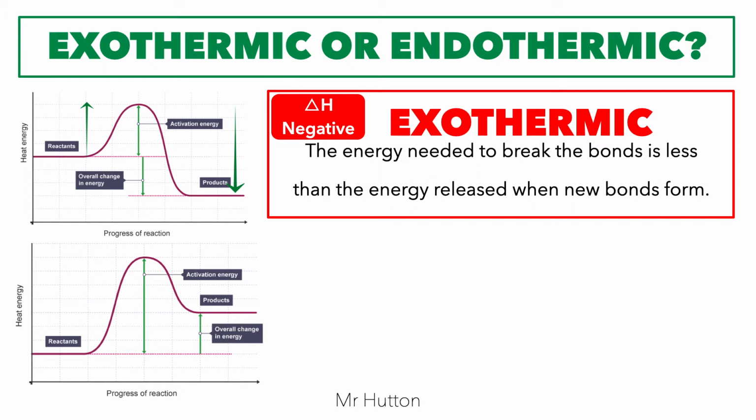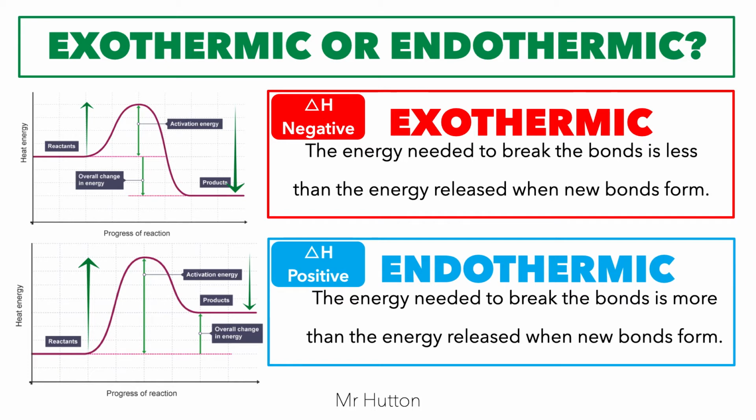So we can say here that the energy needed to break the bonds is less than the energy released when the new bonds form. And that's why we end up with a negative energy change, a negative delta H. If you imagine that up arrow was 100 and the down arrow was 200, 100 minus 200 would give you minus 100 as your energy change.